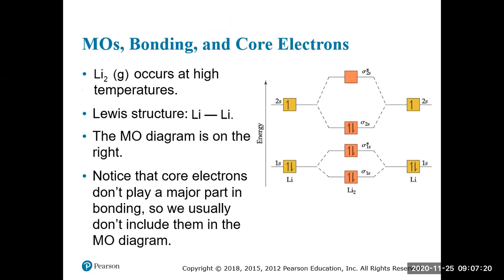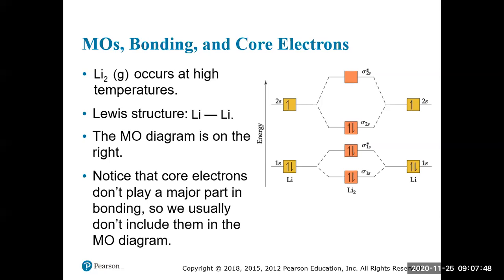Let's talk a little bit more about molecular orbitals and bonding and how the core electrons factor in. Remember, when we talk about the core electrons, we're talking about, if we go back to the periodic table, the electrons that lead up to filling one of the noble gas electron configurations. Those are the electrons that we've been calling the core electrons.